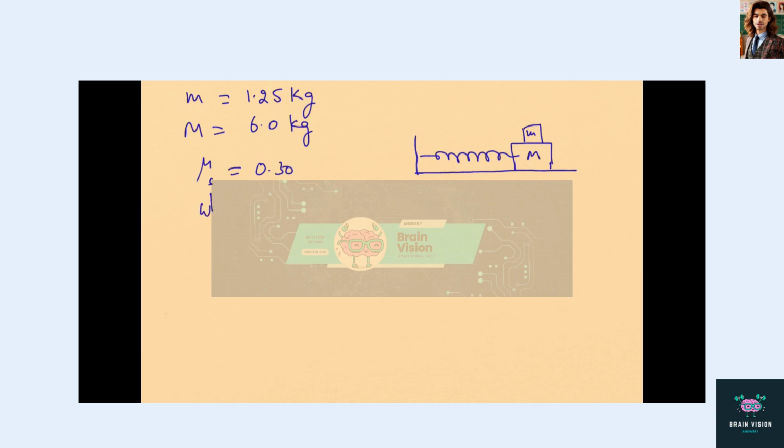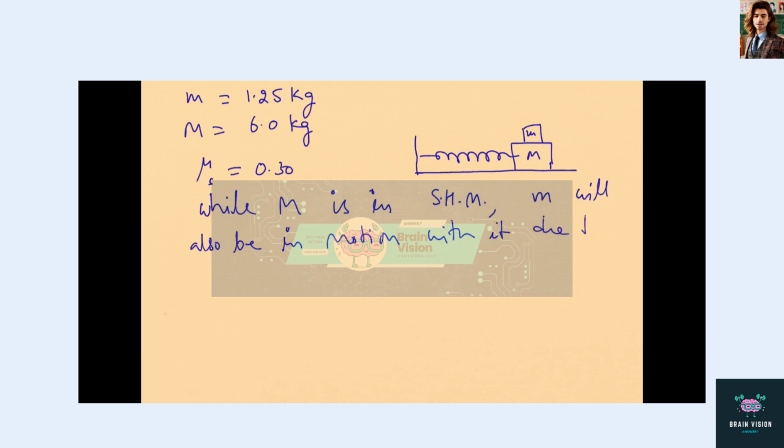So while the capital M is in simple harmonic motion, the small m will also be in motion with it due to the force of static friction acting between the blocks.